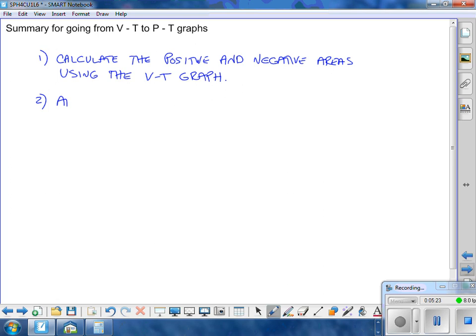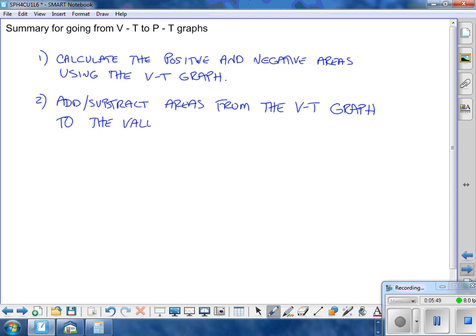Next, you would add and subtract areas from the VT graph to, I guess, the value of your position.